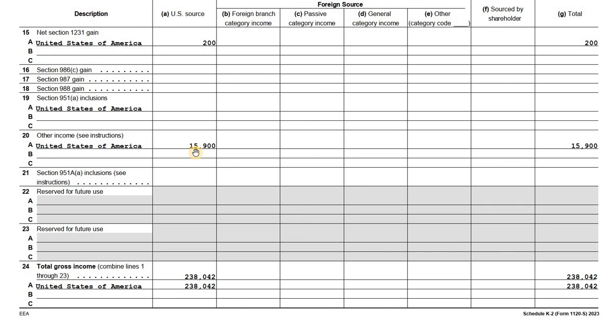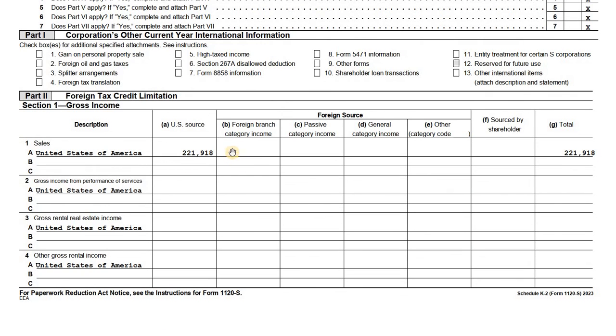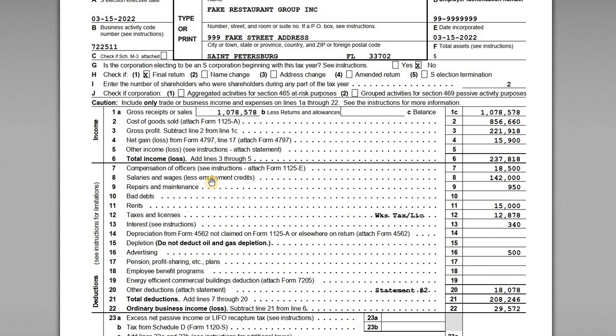Now, if you didn't want to separately state this, you could put this up here into the sales figure. And I suppose the logic there would be, well, if we look up here, you could argue that the total income or loss, the sales figure, includes that net gain or loss from the sale of the kitchen equipment.